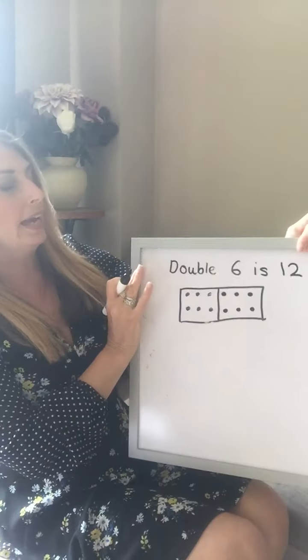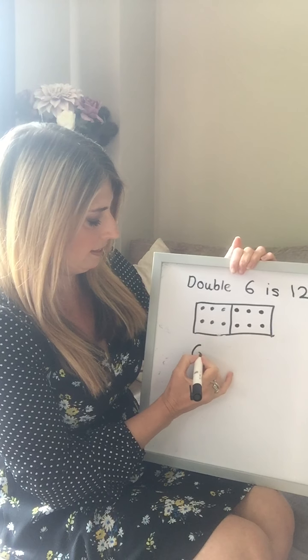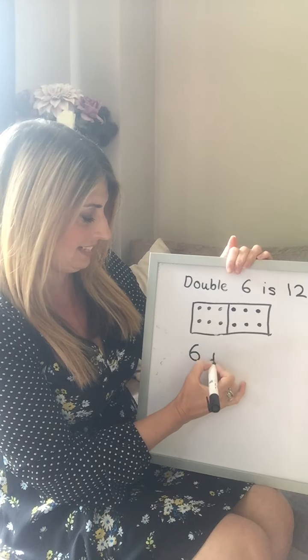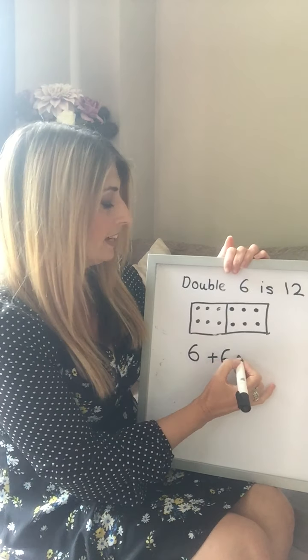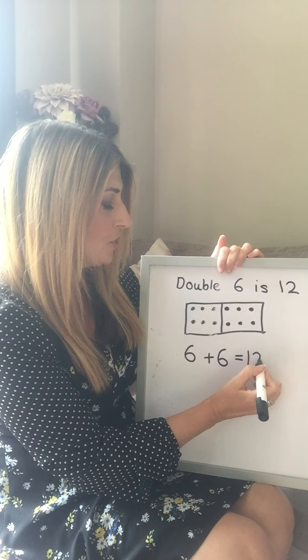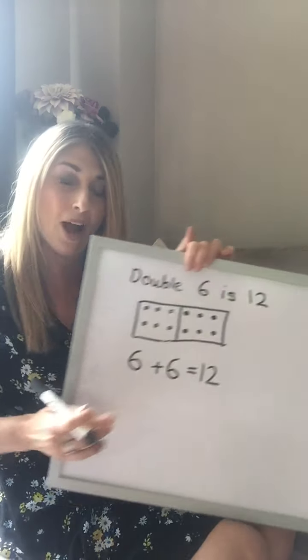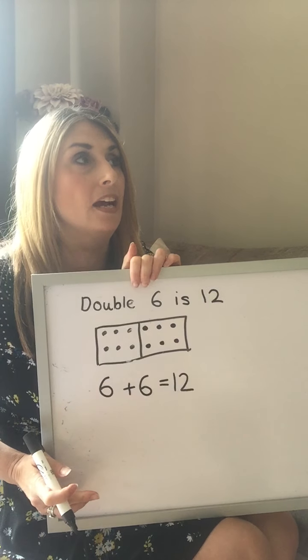So if you have got 6, add another 6 equals 12, you were right. Well done. Give yourselves a little fairy clap. Excellent.